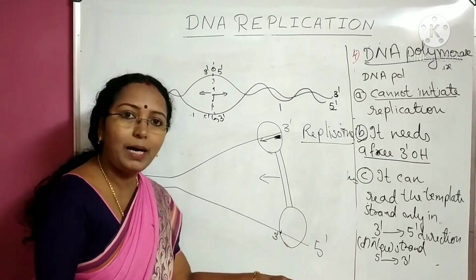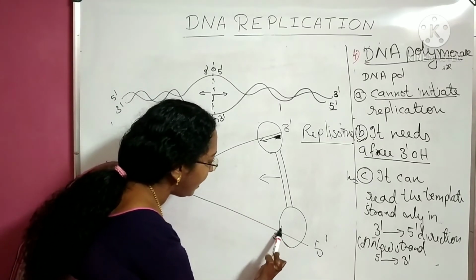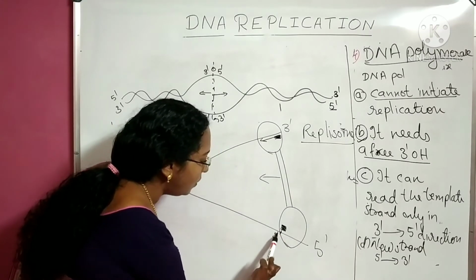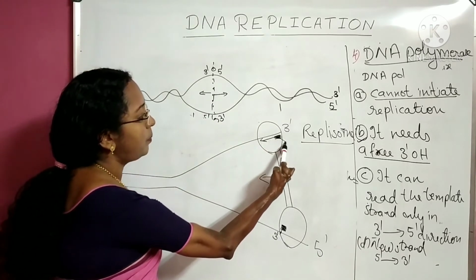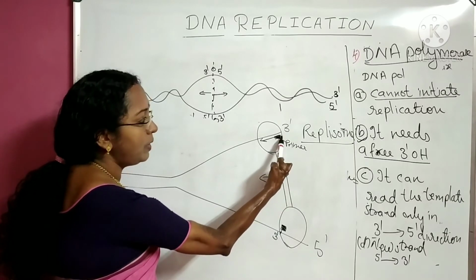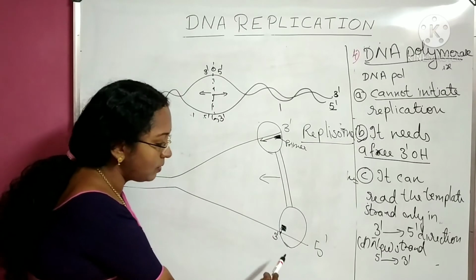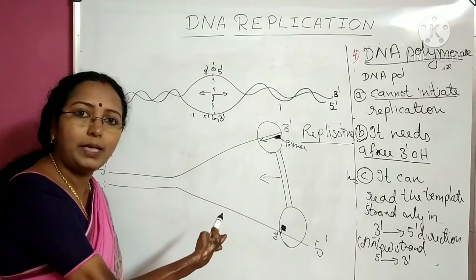So when it is reading backward, the primer has to be attached towards the 3' end of the template strand. Like here, this is the primer and this primer is attached to the 3' end of the template strand. In the same way, in the other strand also, the primer is attached towards the 3' end of the template strand.